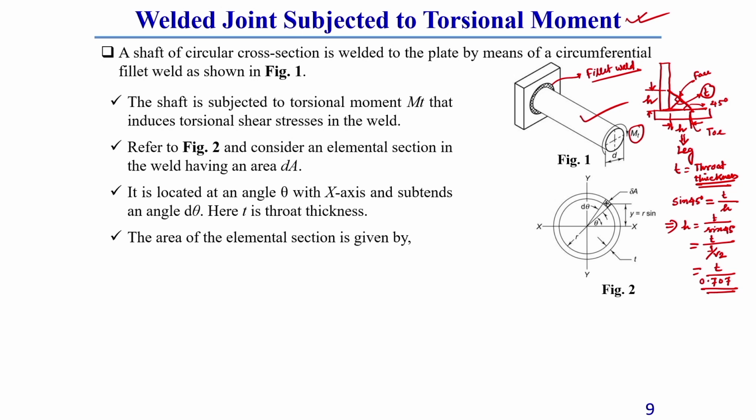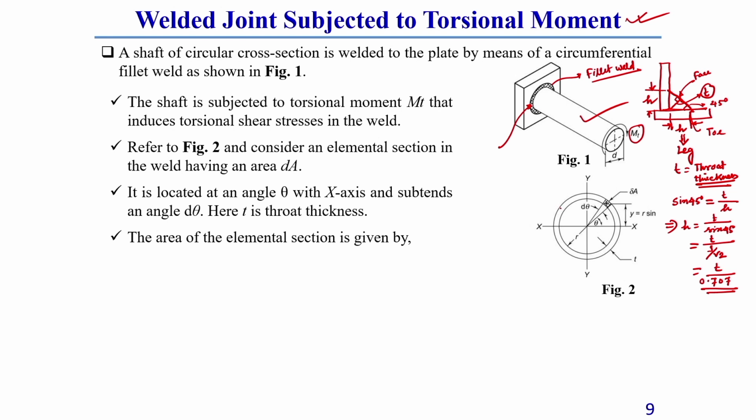Generally most of the failure in a fillet type of joint occurs in this throat section, the throat cross section area. That is why here we consider, whatever the weld section we are showing, let us consider this is the weld.